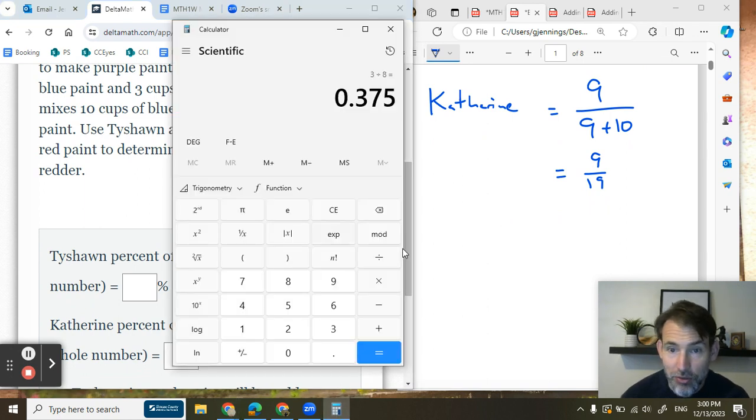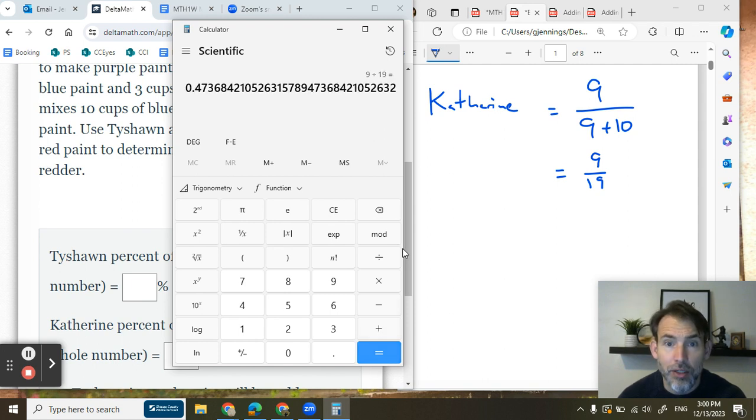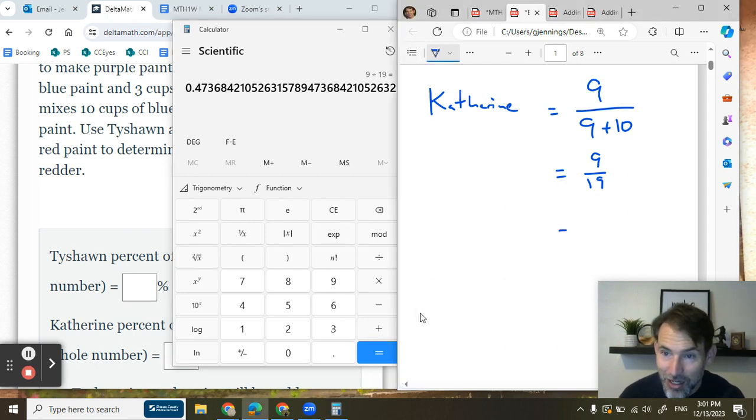All right, so now we just do the division, right? 9 divided by 19 is going to be like 47 point something gross. 47.3684210526315789473684. You see the repeating pattern in there? There is a repeating pattern, but it is gross. Remember, I start with a guess. See how good my guess was? It's like 47% here.